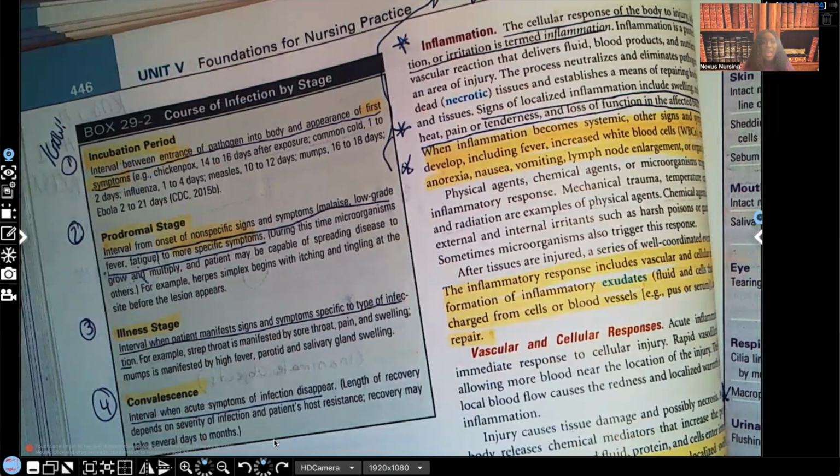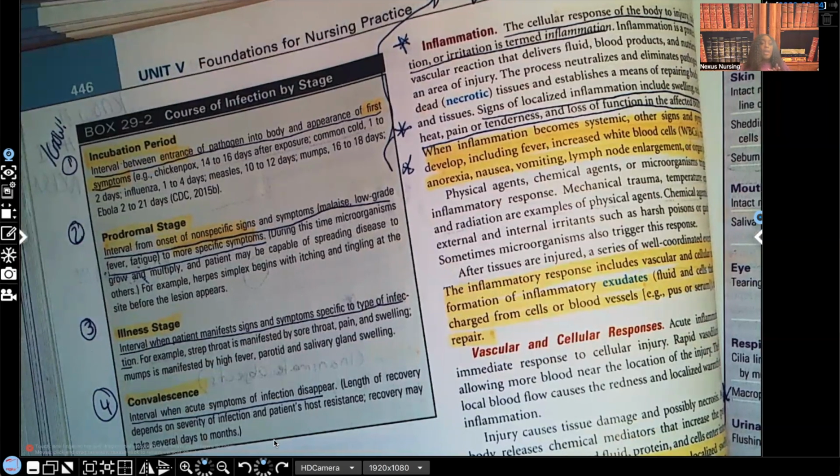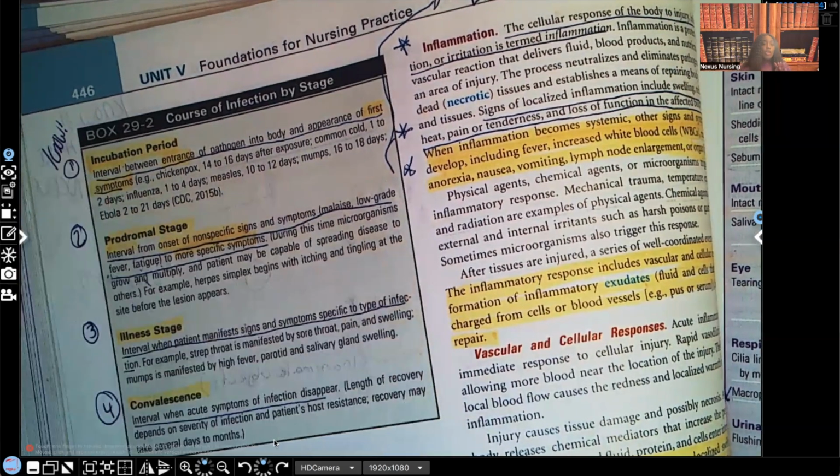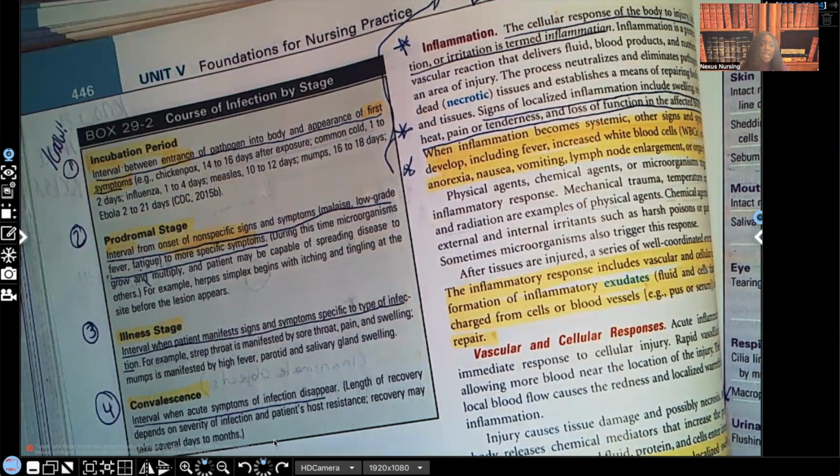Okay, guys, I'm back. As I was saying, you absolutely need to know this, and you know that because look what I put right here, no, with a big old exclamation mark. So let's go over those 4 stages. These are the courses of infection by stage. The first one is the incubation period. This is the time in between.